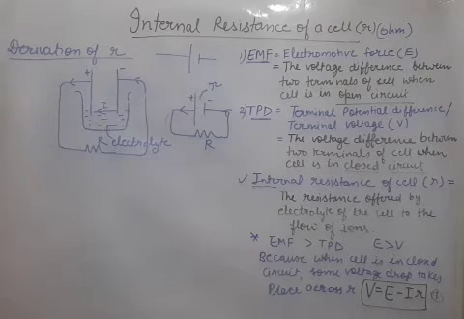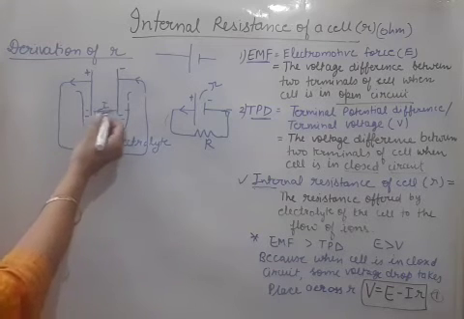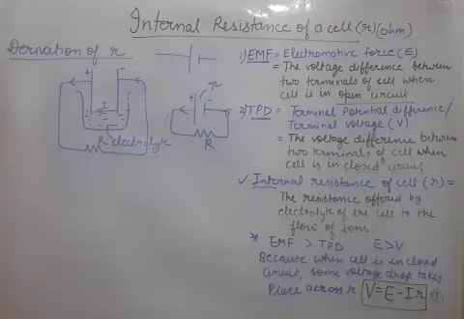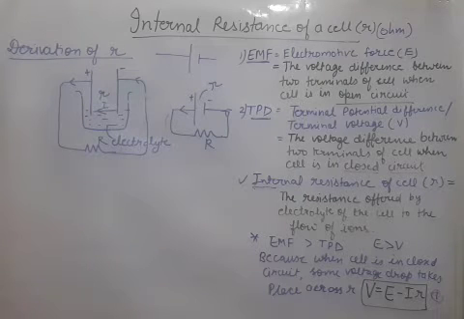So whenever we have to go through any crowd, then we always face a resistance. The movement is not easy at that time. So the meaning is, whenever the current is flowing inside the cell, then also the current has to face a resistance due to the electrolyte. So that resistance we call internal resistance.